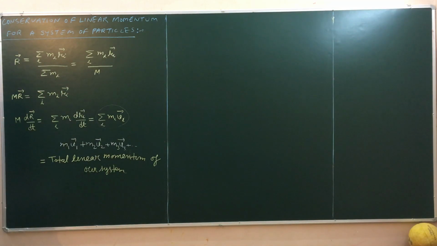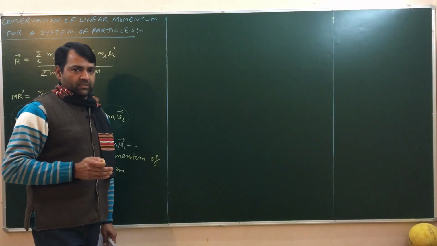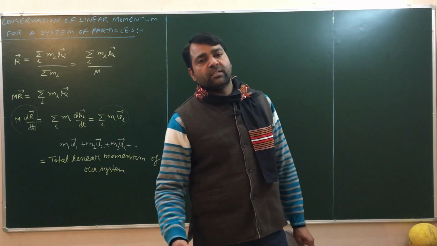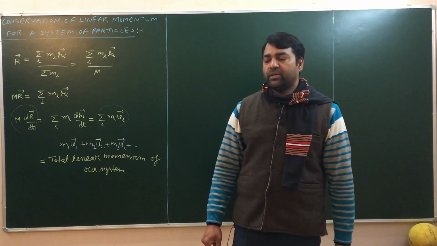Now student, let's look at the left side. What is this? This is a single term, M the mass of the system, dR by dt is the rate of change of position vector of a point which we defined yesterday, and the name of that point was center of mass.